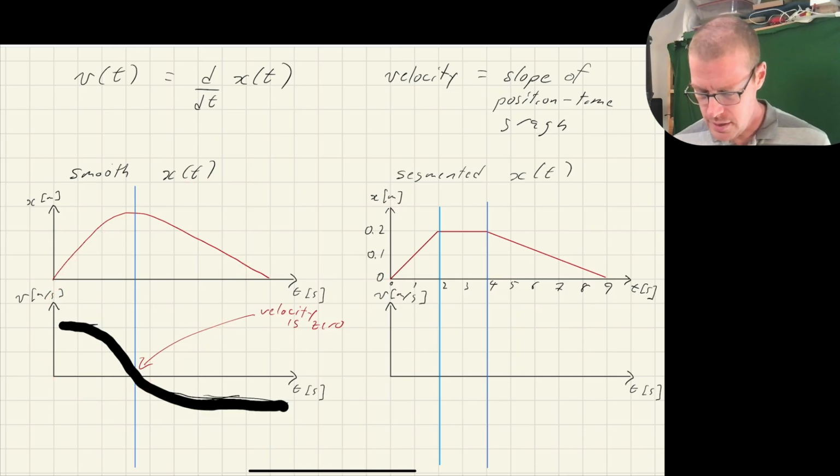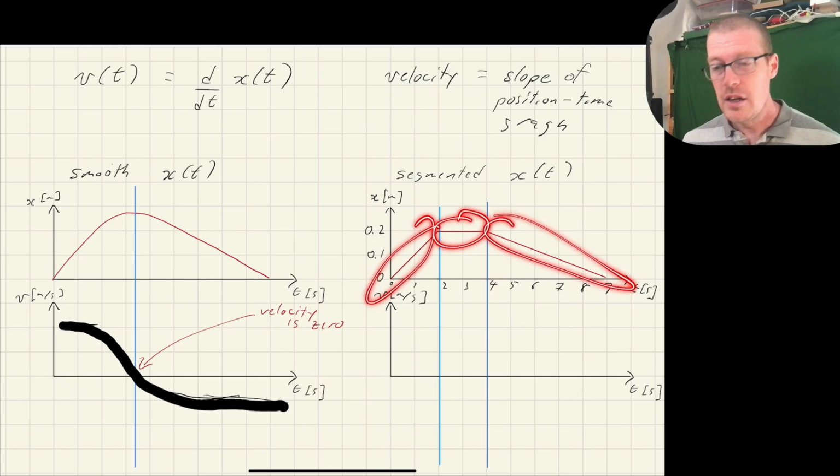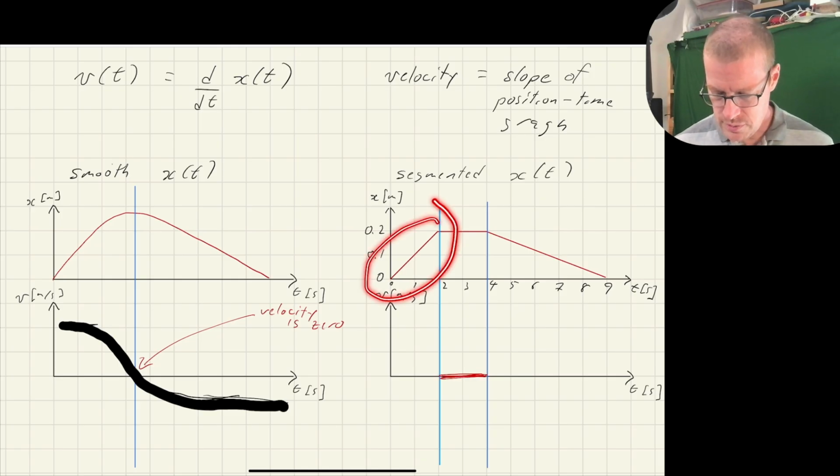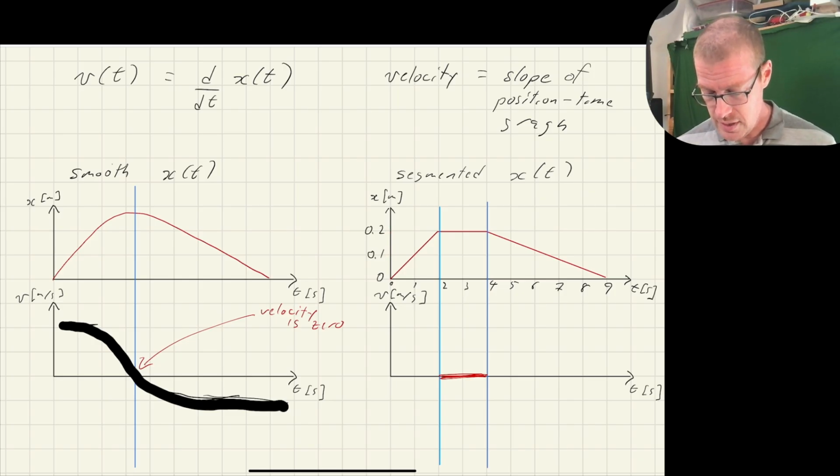Then, for all of these straight line segments, you just calculate the velocity and draw it. So this one is easy. Velocity is 0. This one, the velocity is positive. I go 0.2 meters in 2 seconds, which is 0.1 meters per second.